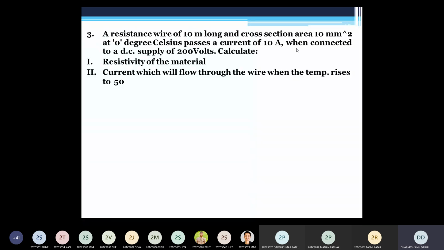Calculate the resistivity of the material, and second, calculate the current which will flow through the wire when temperature rise to a 50 degree.